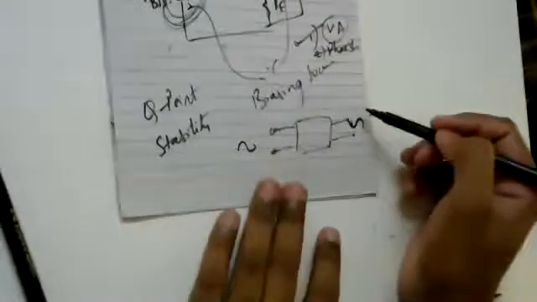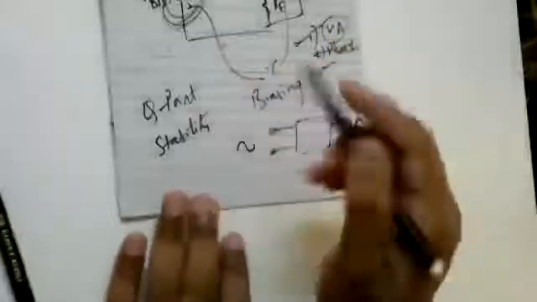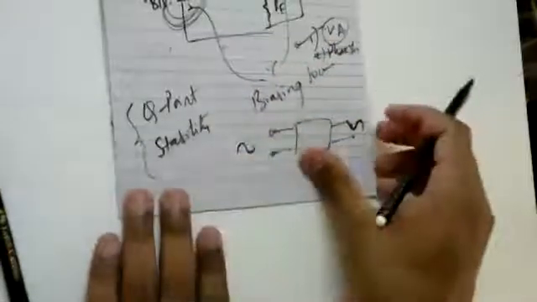Taking that as a base, I'm going to talk briefly about the Q point and stability. We have worked upon the DC load line and how we set a Q point for a given circuit.